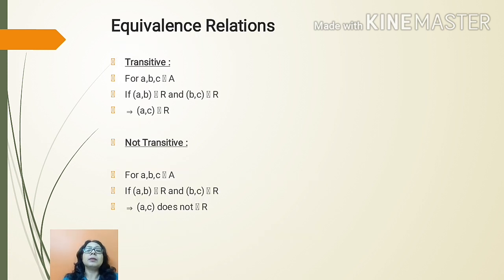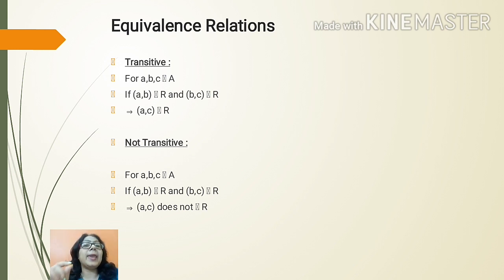The third part of the equivalence relation is transitive. Consider the same set A is equal to {1, 2, 3}. For a, b, c, if (a, b) belongs to the relation and (b, c) belongs to the relation, and it implies (a, c) belongs to the relation, then we can say this relation is transitive.